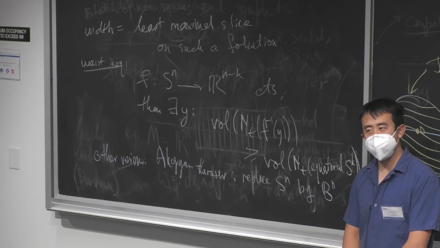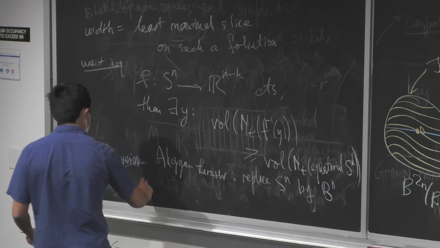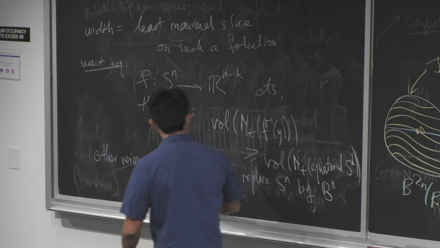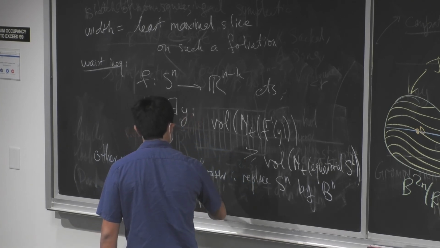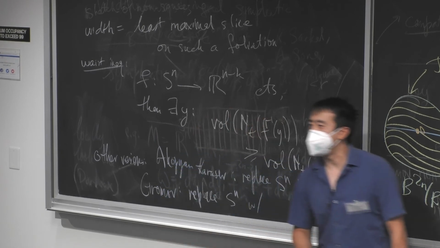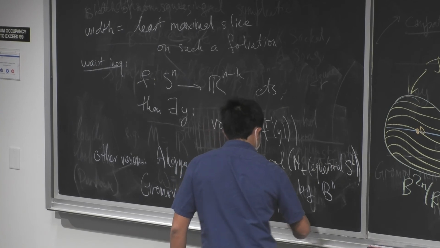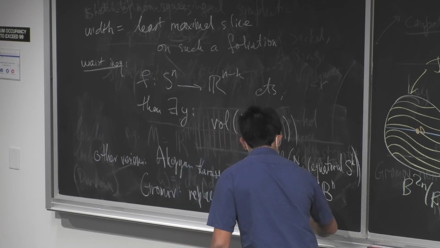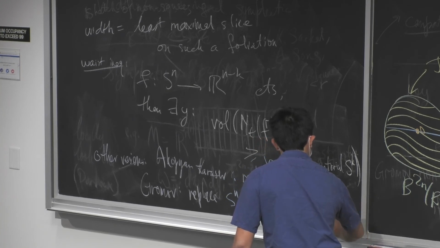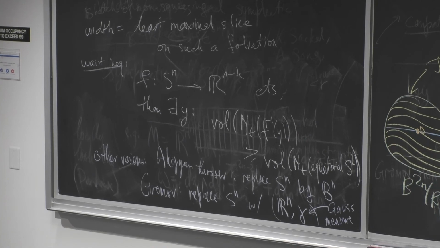That's the waist inequality we end up using. I should say also Gromov did the same thing, so you can replace S^n with Euclidean space with the Gaussian measure, which is something that has been discussed a lot at this conference.